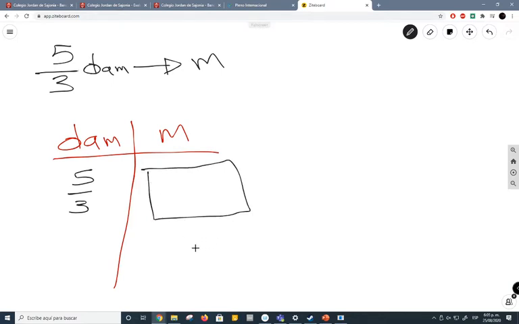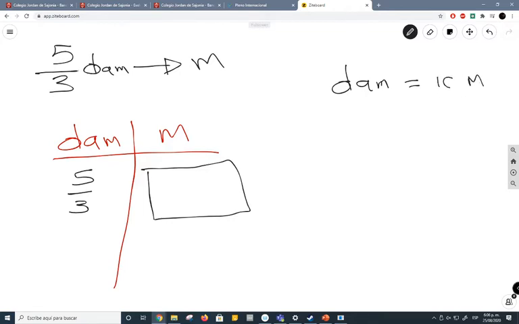But remember that for doing the rule of 3, we need other two numbers, and those numbers come from the relationship between the two units, decameters and meters. So how many decameters is a meter, or how many meters is a decameter?